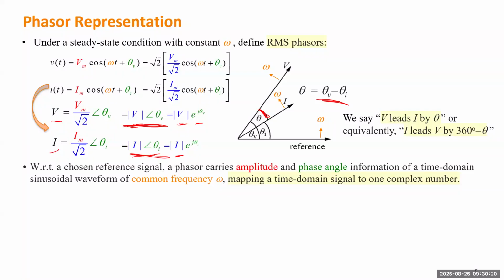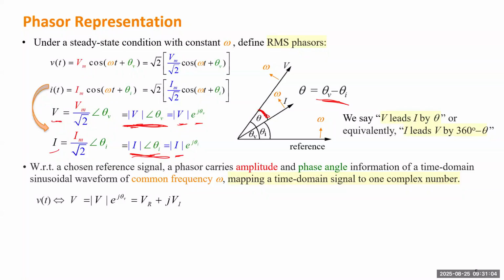Then in the calculation, instead of doing everything in the time domain, for instance adding one waveform to another or multiplying one waveform by another, which involves a lot of addition and multiplication of sine and cosine functions and is very complicated, now we have a complex number for each sinusoidal waveform. So we only need to know how to operate on complex numbers, which is much easier. You definitely have to know how to do operations on complex numbers, and if you know it, it will be very simple.